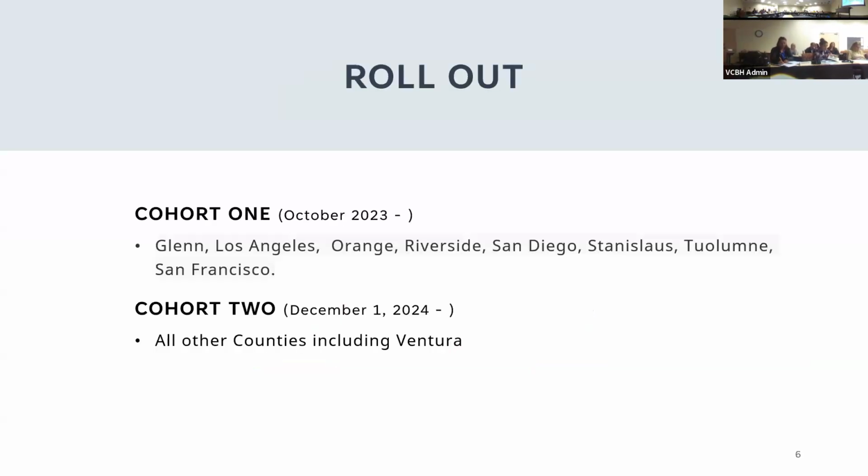So regarding when care court began, it first was rolled out in the cohort 1 counties listed there in October 2023. And then the rest of the counties in California are part of cohort 2, and that just started up in December of 2024.